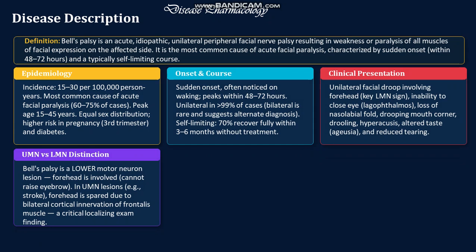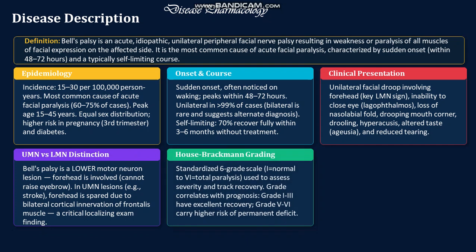Upper motor neuron versus lower motor neuron distinction: Bell's palsy is always caused by lower motor neuron involvement, in comparison to upper motor neuron involvement in stroke and other diseases. House-Brackmann grading is the grading used for Bell's palsy.